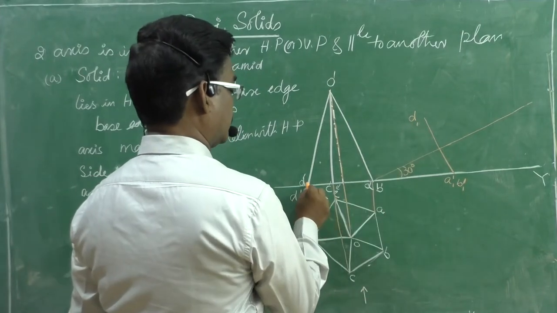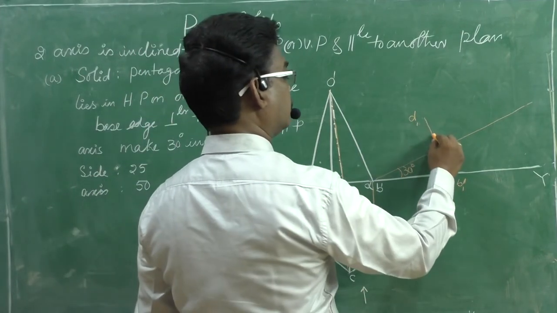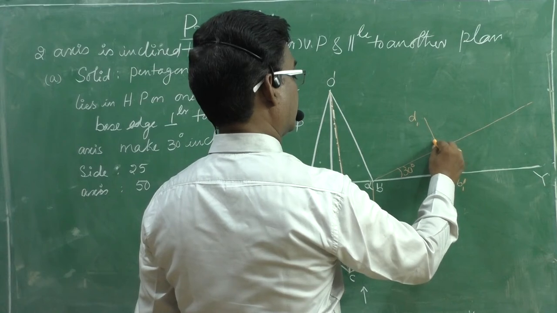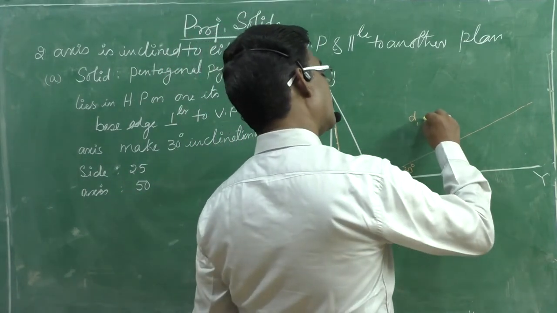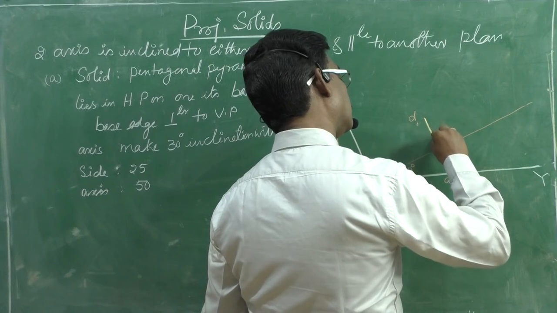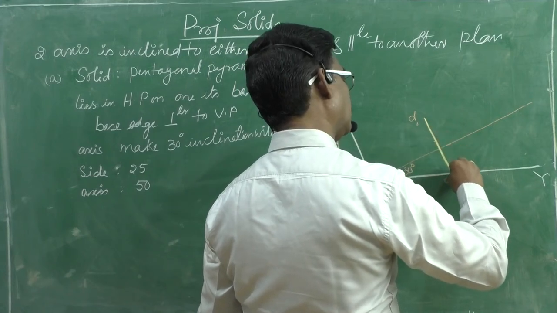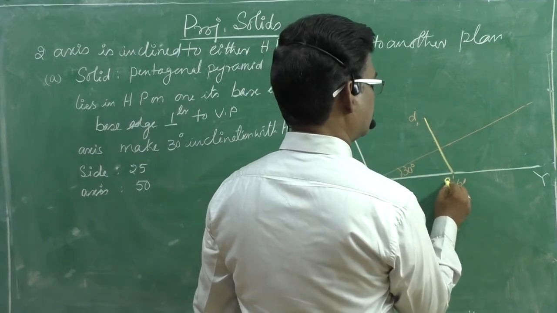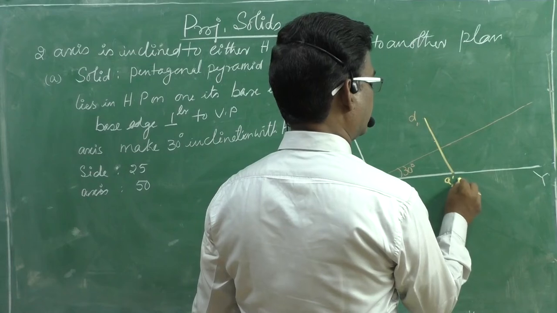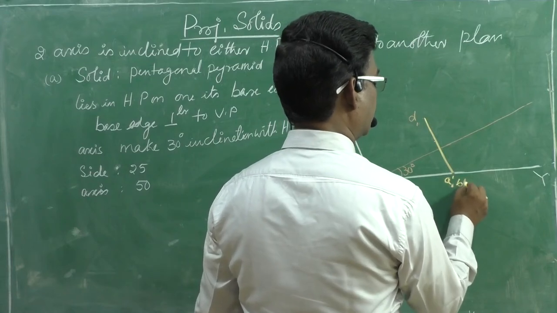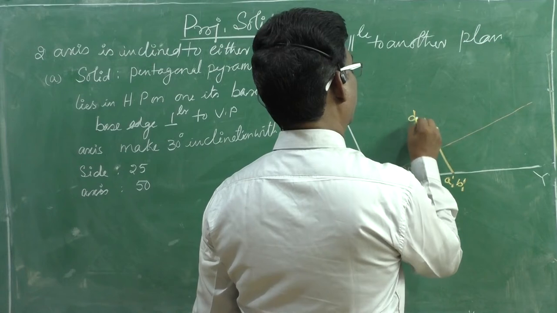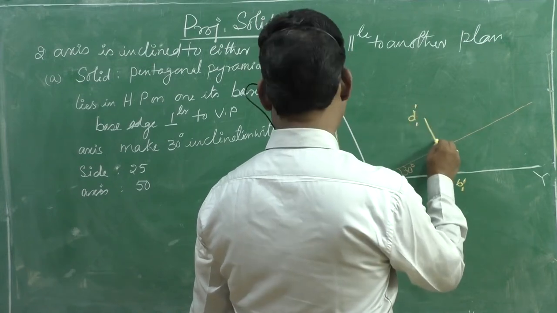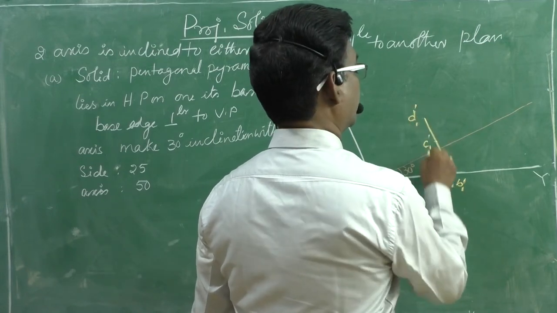Right? Next one, D to C. Now, this one is visible, and this is A1 dash, and this is B1 dash, this is D1 dash, and this is C1 dash.